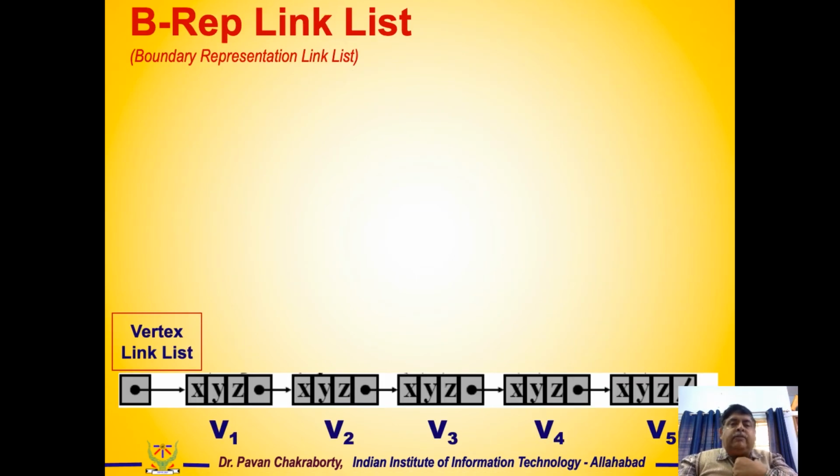Now the same thing, how would you represent it in your computer, or how would you represent the points? Basically I will have a vertex linked list. So I will have a linked list of the points V1, V2, V3, V4, V5, which is shown here. Basically each link will contain the X, Y, Z coordinates, and it will connect to the other points which are there.